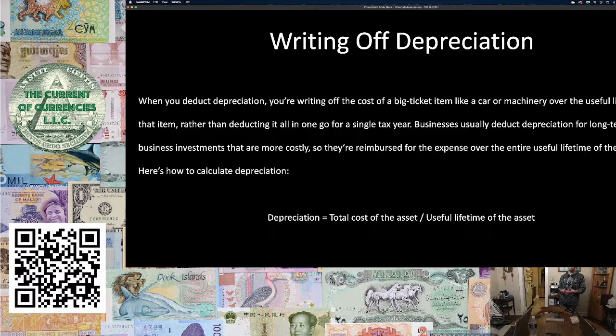Here's how to calculate depreciation: it's the total cost of the asset over the useful lifetime of the asset. Depending on what asset you're talking about, let's say you own a construction company and you need a bulldozer, you can find out the useful lifetime of that asset just by Googling it. And then you would be able to do that calculation.